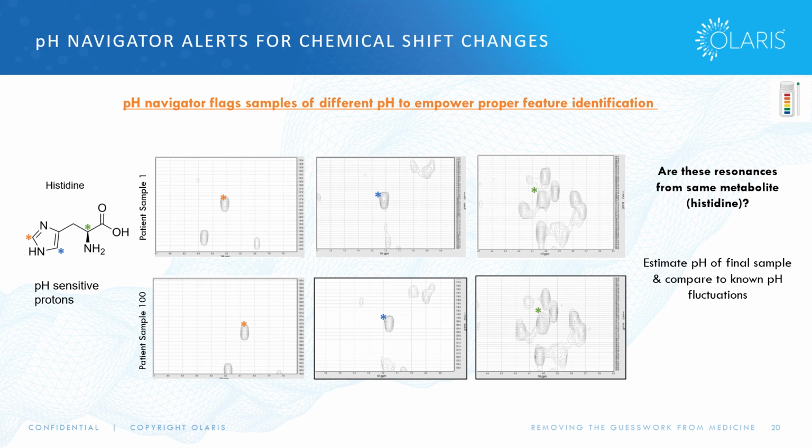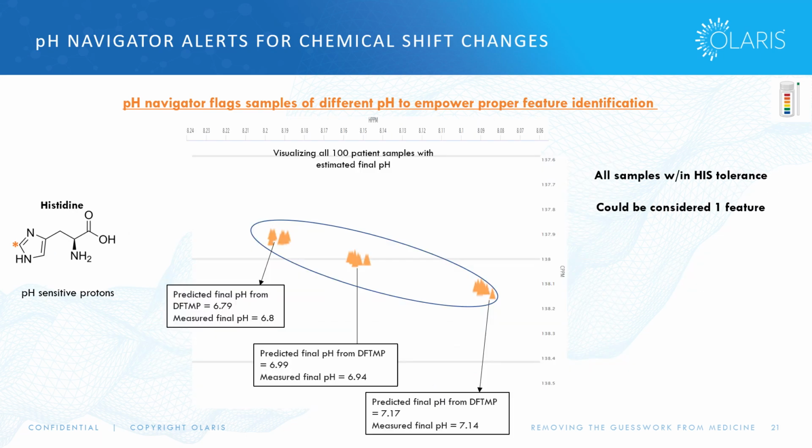So using the navigator, we can have an idea of the pH of the sample and be able to better compare these molecules. You can see here, if we zoom out and use all the samples from the patients, we could tell which ones had a specific final pH. For example, this group had a final pH around 6.8, this group had a final pH around 7.14.